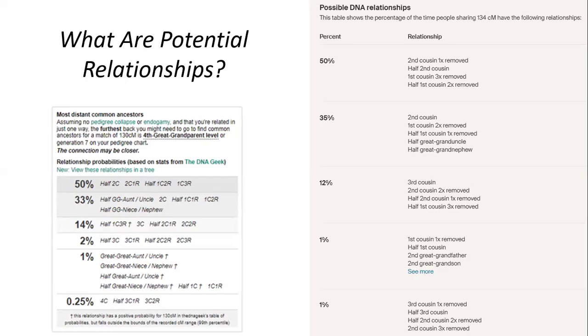It is possible you and that match are a third cousin, once removed, sharing 134 centimorgans. That is possible. But statistically, it's not as possible as 50%. That's where the genealogical trail comes in. That's where you want to do the paper trail. Where does this cousin fit? And then you want to compare the genealogy with the genetics to see what's more on the right track.